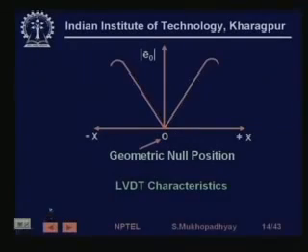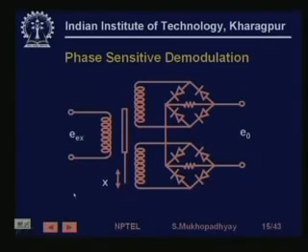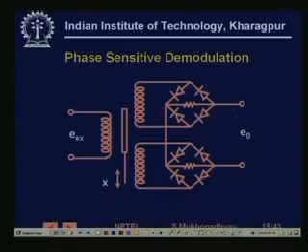Therefore we have to extract the phase information if we want to know which side it is moving, that is the algebraic sign of the displacement, and that is exactly what is done by what is known as phase sensitive demodulation. This is just one of the circuits of phase sensitive demodulation, where you use rectifiers.